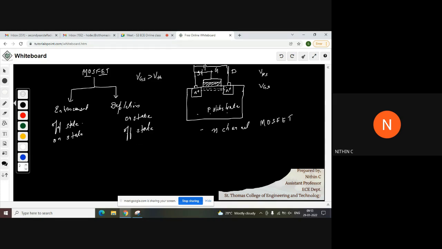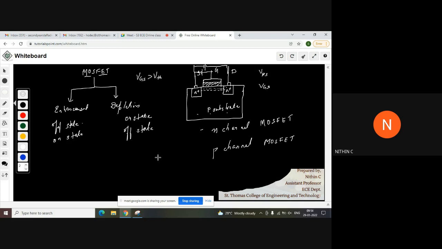The opposite of this, with an N substrate and P plus regions, gives you a P channel MOSFET. So now you have got 4 different types. Many combinations are possible: N channel enhancement, N channel depletion, P channel enhancement, P channel depletion.